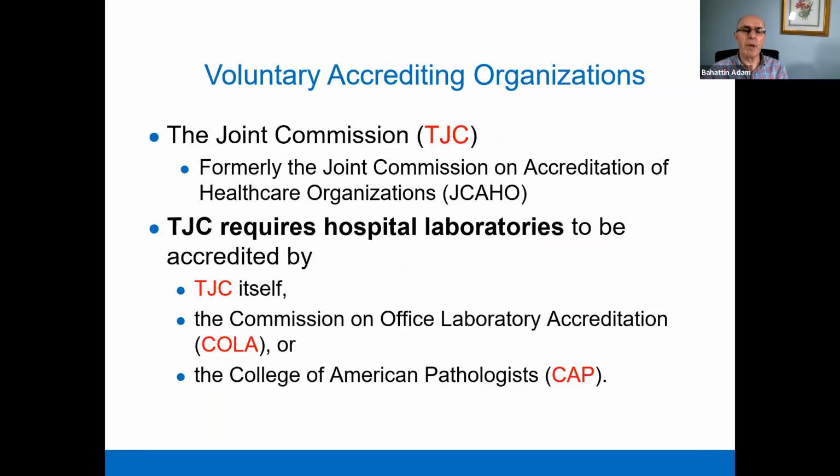And now there are three voluntary accrediting organizations for a hospital laboratory, and these are the Joint Commission itself, COLA, which is the Commission on Office Laboratory Accreditation, and the College of American Pathologists, which we call CAP.